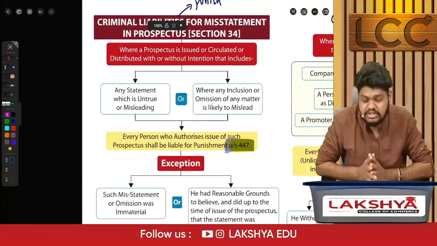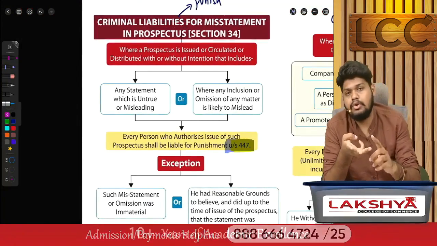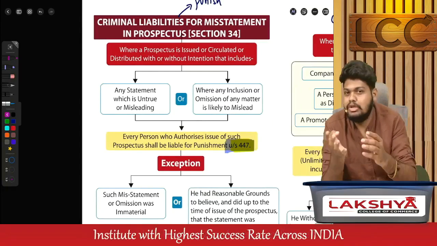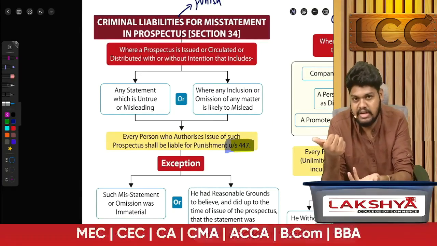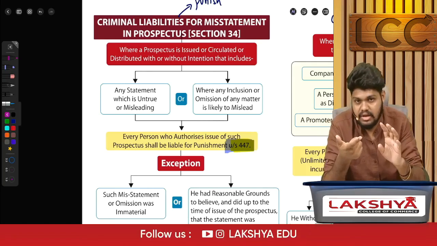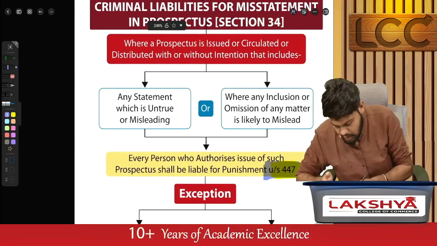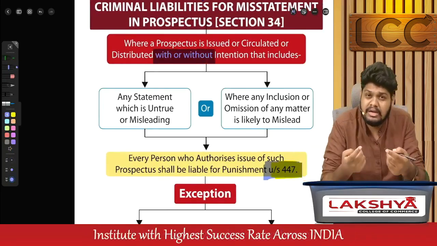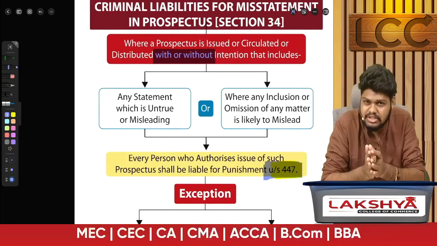Coming to section 34, understand the wordings properly: where the prospectus has been issued, circulated or distributed with or without intention and includes any statement which is untrue, false or misleading, or any omission or commission which is likely to mislead. Understand the process here. They've used the words with or without intention. With or without intention means even though it is done non-intentionally, unintentionally, you're still liable under this section.